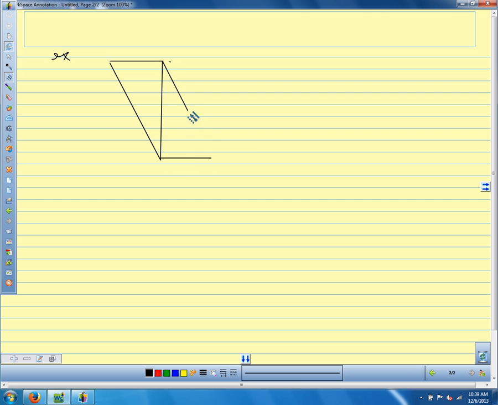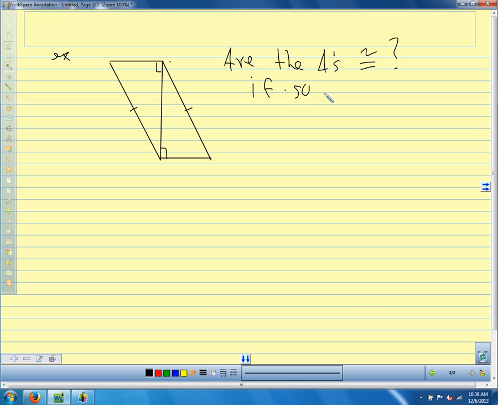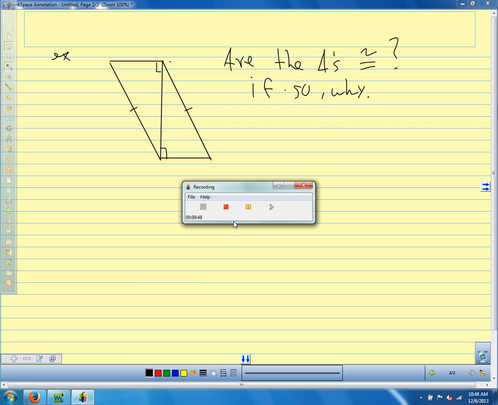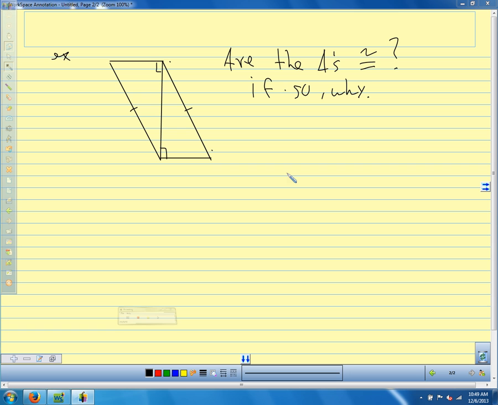This, like so. I'm going to say, are these triangles congruent? And if so, why? So think about that for a minute. All right, so we want to know if these two triangles are congruent.